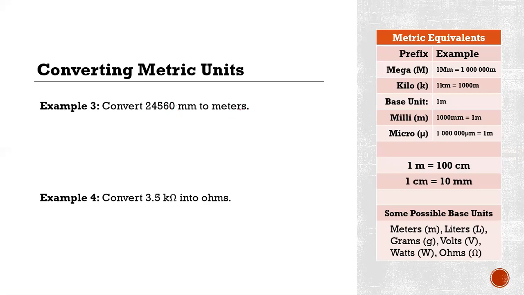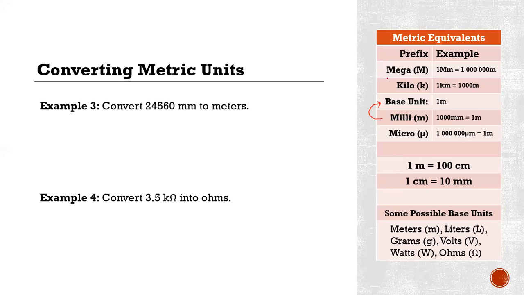So we want to convert this into meters. Now, I don't know if you're like me, I find this very difficult to visualize, but if it was in meters, I can kind of get a better idea of what that might look like. So let's look at our chart. We're starting at milli, and we're going to meters, which is our base unit. We're doing a step of 1,000.